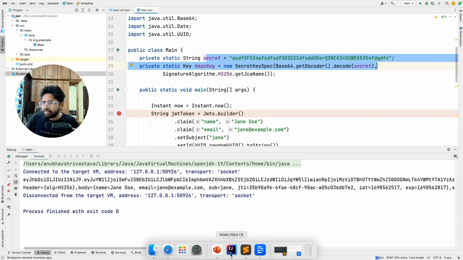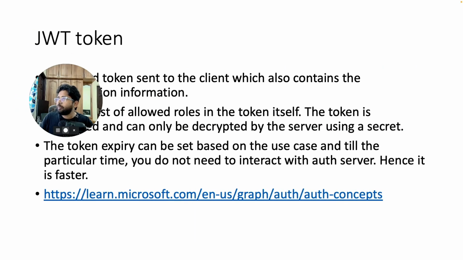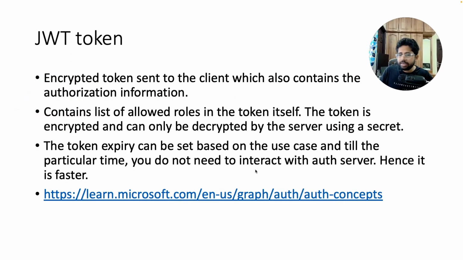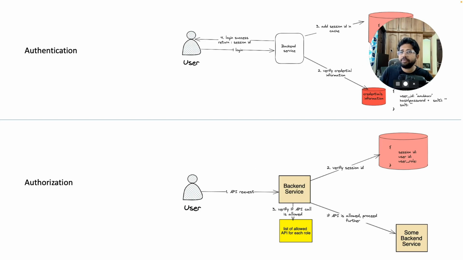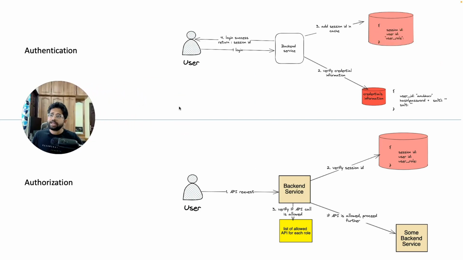I hope this particular video clarified why exactly a JWT token is needed and how helpful it is. To summarize, in the regular authentication and authorization system, you had to make external calls for all the APIs. Although it is fine to make calls, if your company is working at a very high scale, it gets tough to scale for each API call you make to this system.